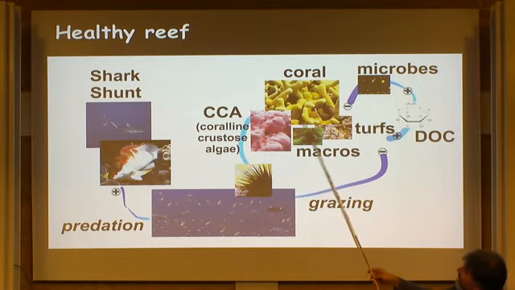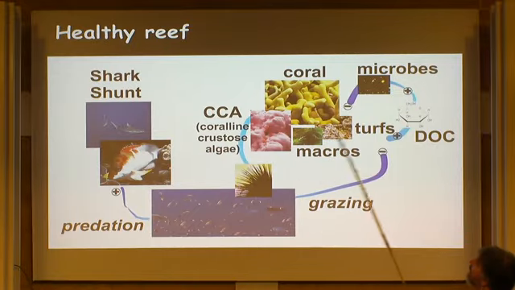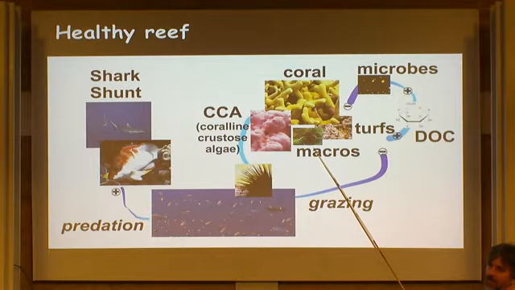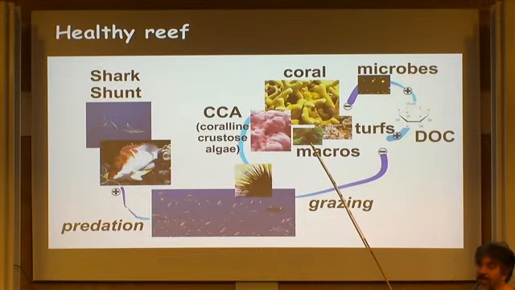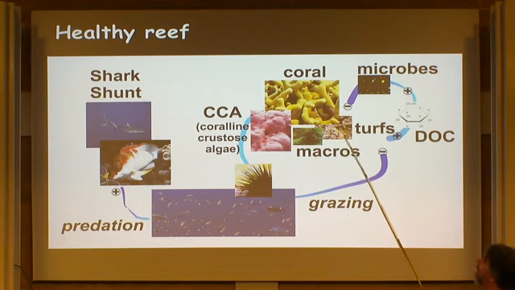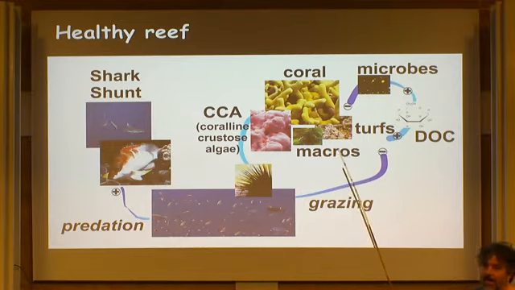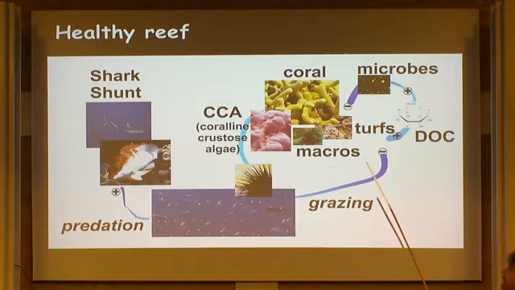It should basically be pink with some brown. There's also other players, which are these macroalgae, and they're not apparent on a healthy coral reef. They're there, and you'll find a couple of them, but they're really spotty. And then these turf algae, on a healthy reef, will mostly look like bare coral skeleton, right? Because they're chewed down so much.